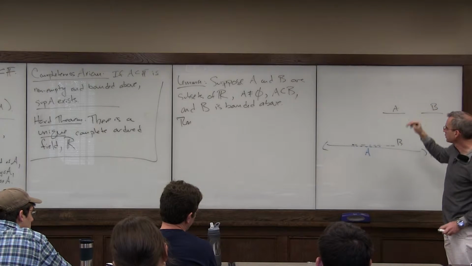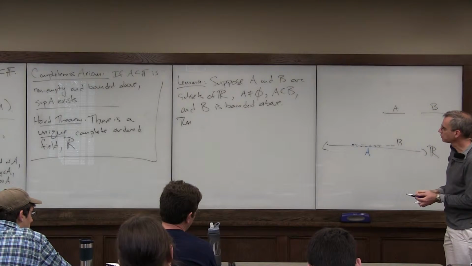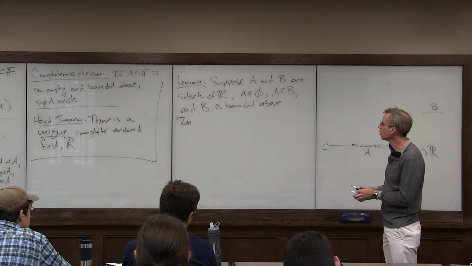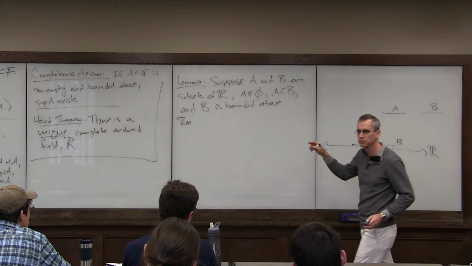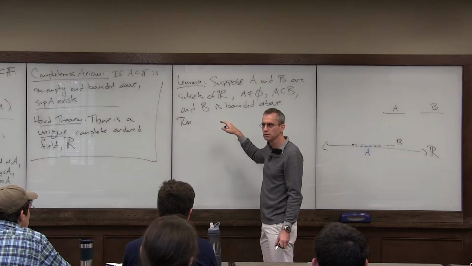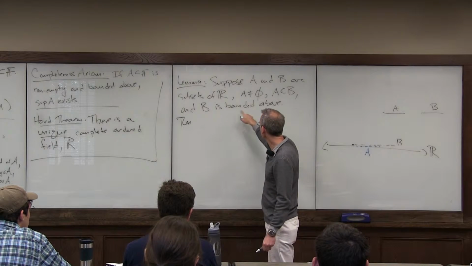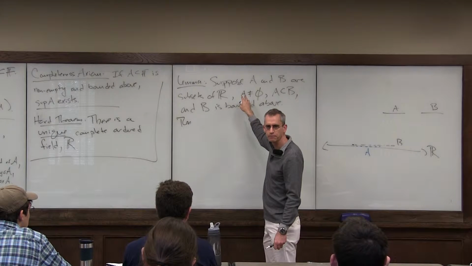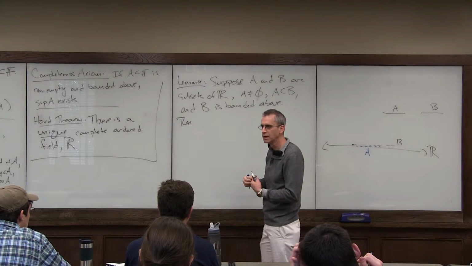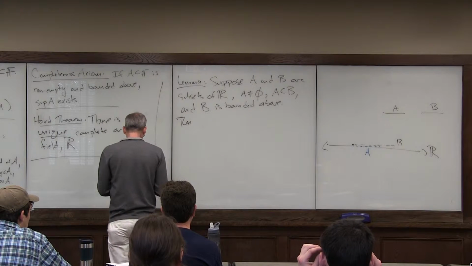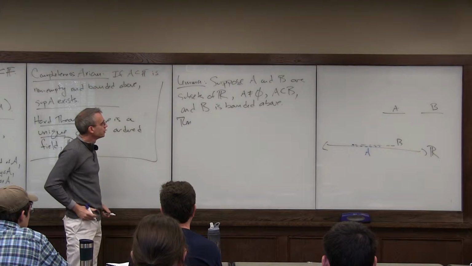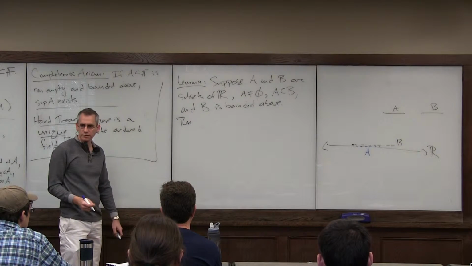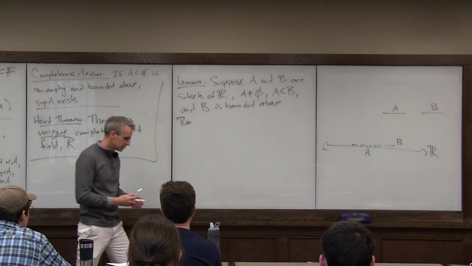But what's the first thing that you ought to be able to conclude? What's one thing you know about B, first of all? Well, yeah, you're given that, but what's the other thing you know about B from what's written down about A? It's non-empty, and it's bounded above. Since B is non-empty and bounded above, what do you know about it? It has a supremum.